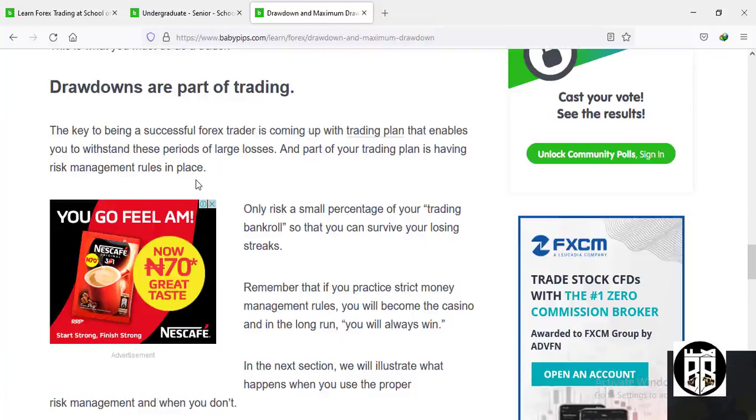Now, drawdowns are part of trading. The key to becoming a successful forex trader is to come up with a trading plan that enables you to withstand these periods of large losses, and having good risk management rules in place.